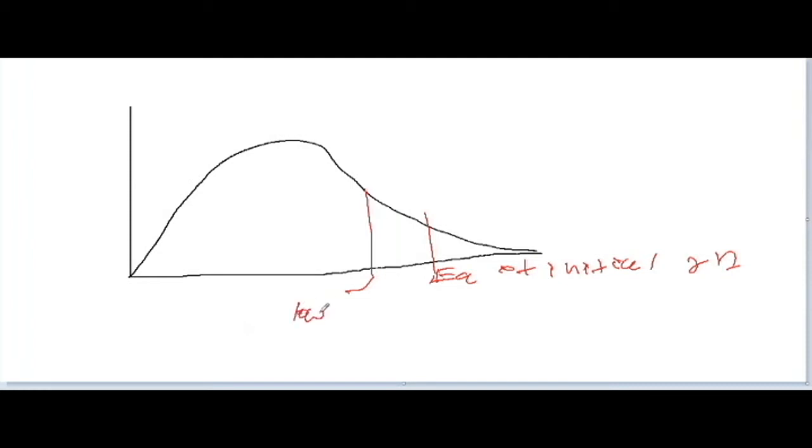This is the path with respect to the low activation energy path.